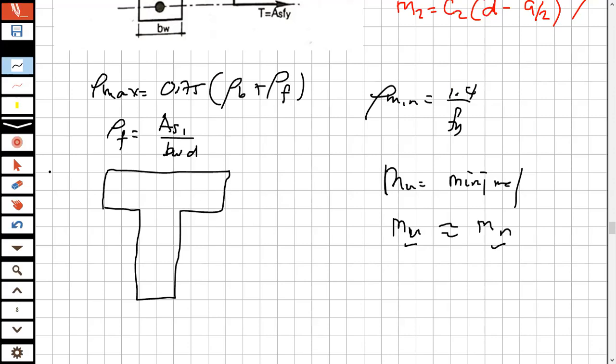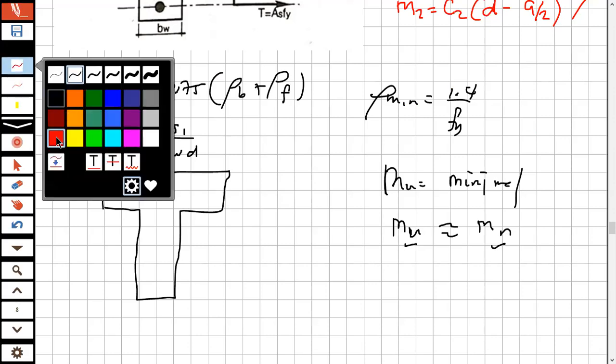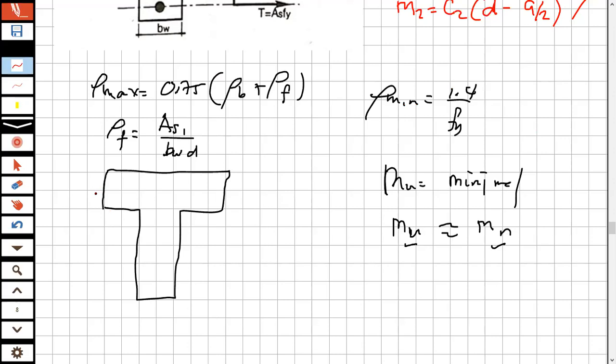So pagka maliit ang compression block, there are cases na andito lang yung a niya. Okay? So, sometimes andito yung neutral axis at saka, siyempre, andito yung reinforcement. Andito lang yung a niya. Okay?